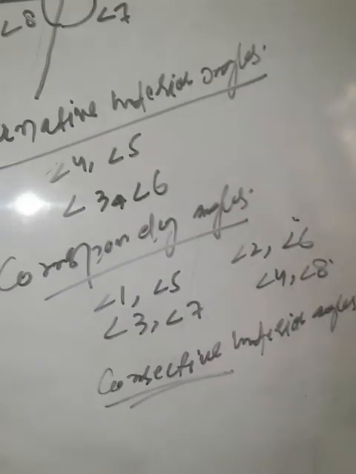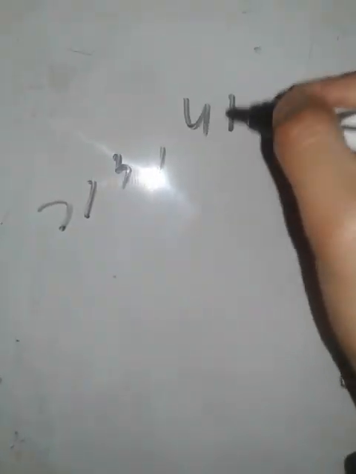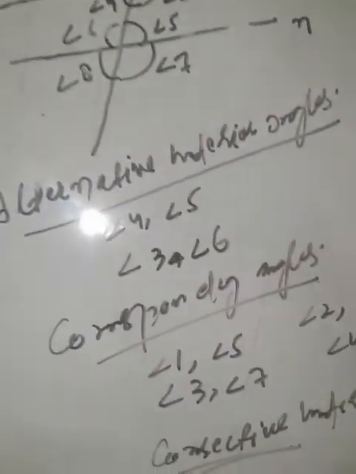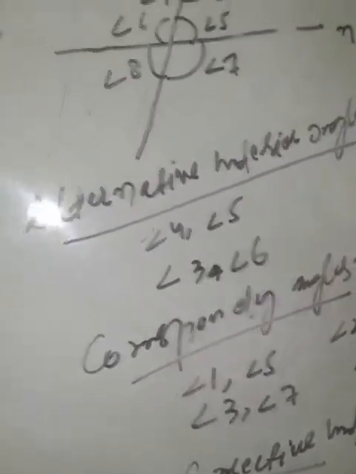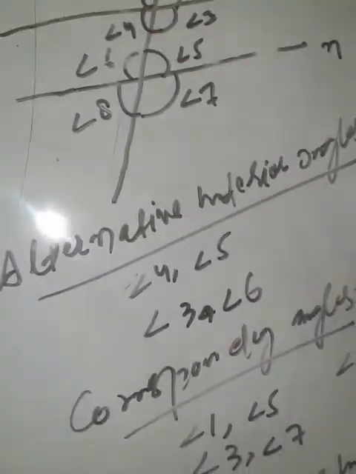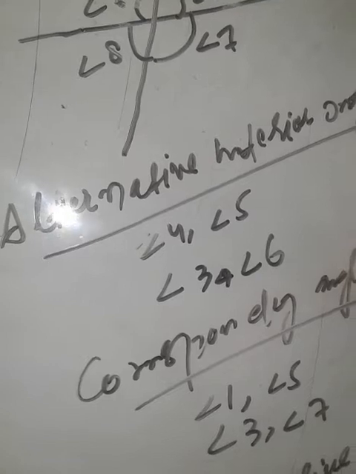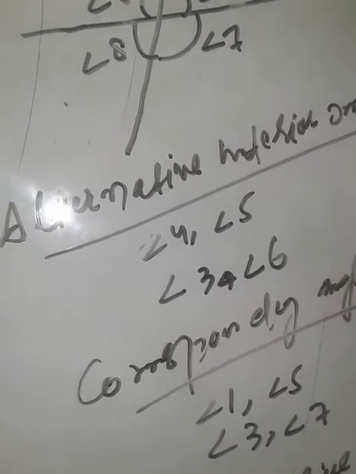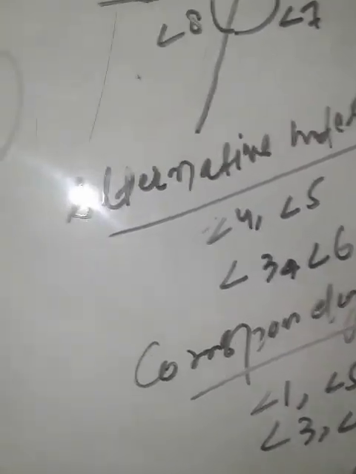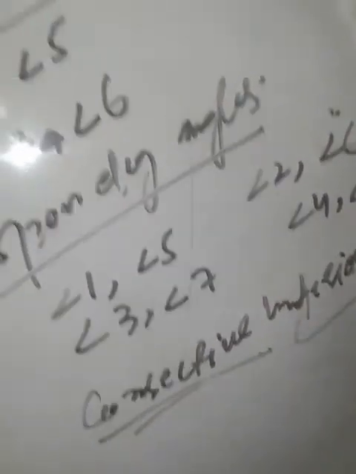That is, if you have these 2 and 3, 4 and 5, these are known as consecutive angles, one after another. Interior means we are dealing with the interior angles, as the name suggests. If you forget what consecutive interior angles are, just focus on this name: consecutive, one after another; interior angles.